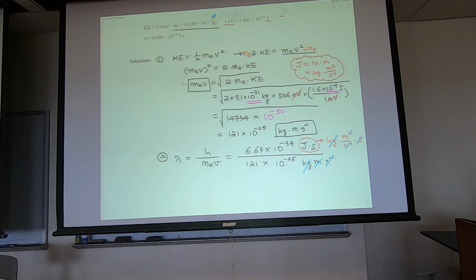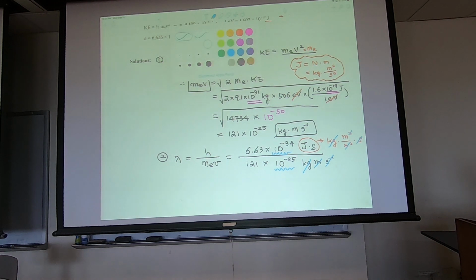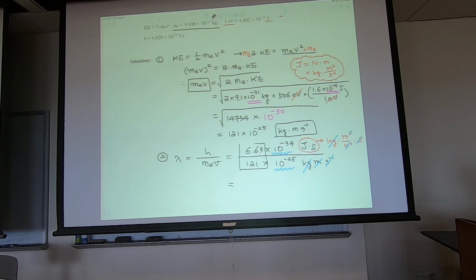So make sure that you double check your answers. Also, like I said, I want to separate my calculation on both sides this way. All I need to do is get this number calculated, and this number is 0.055 multiplied by 10 to the minus 34 plus 25.